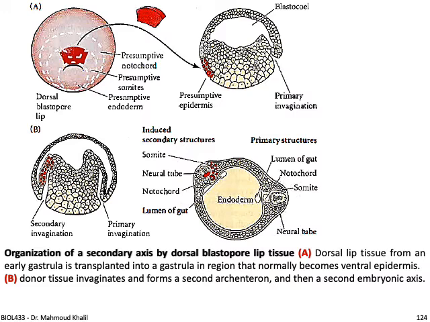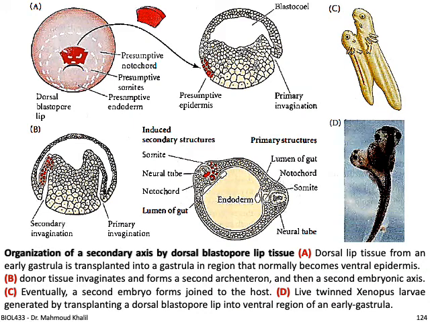That means it kept the memory of its location and induced a secondary structure. So a second embryo will arise, a joined embryo, and you can see at figure D a live twin Xenopus larva generated by transplanting the dorsal blastoporal lip into the ventral region of an early gastrula.